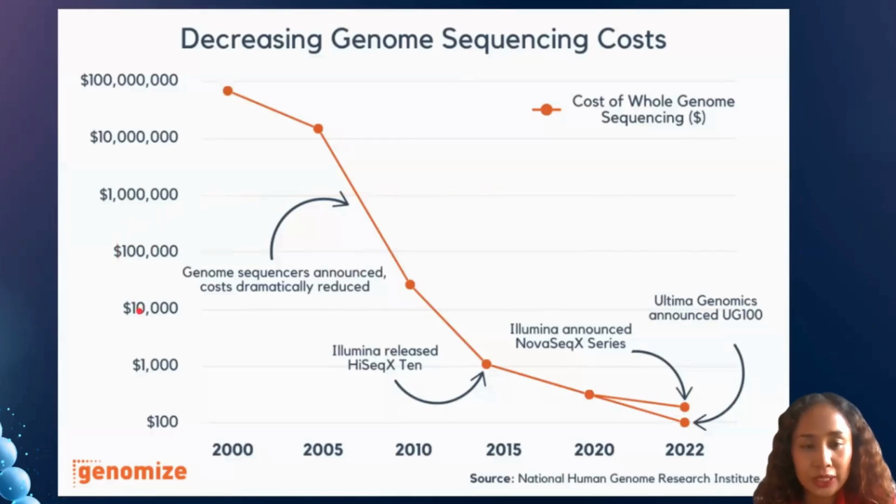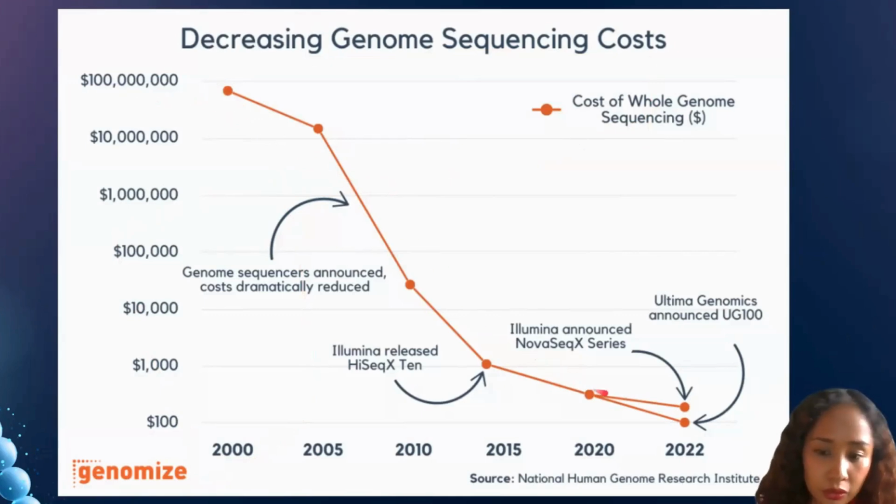Back then, starting in the year 2000, the cost of whole genome sequencing, when we say whole genome, it's the whole body, was around 100 million dollars.